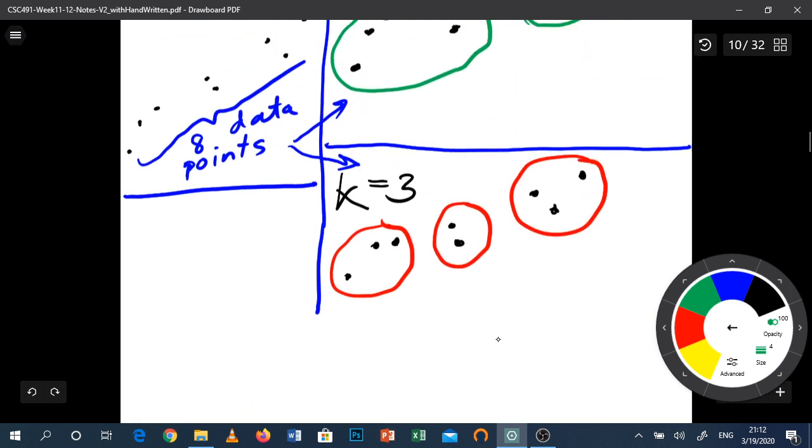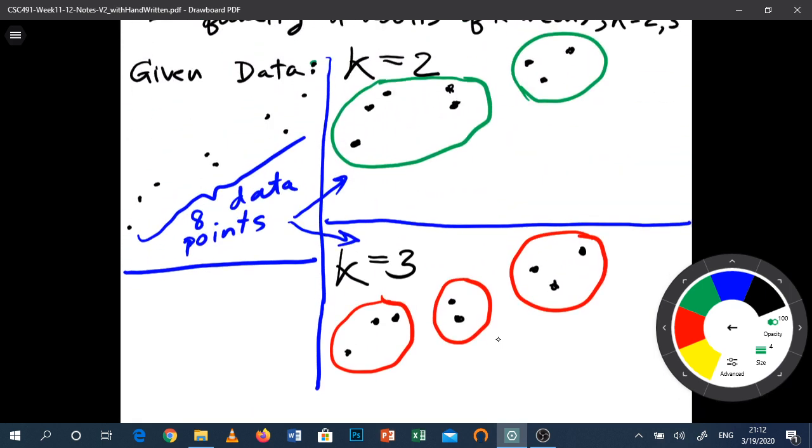Then we go back to our previous data points. So with these data points, let's look at the case of k equal to 2. If these small blue x's represent the centroids, then in this case, k equal to 2, the distance between the 2 centroids has only one value.